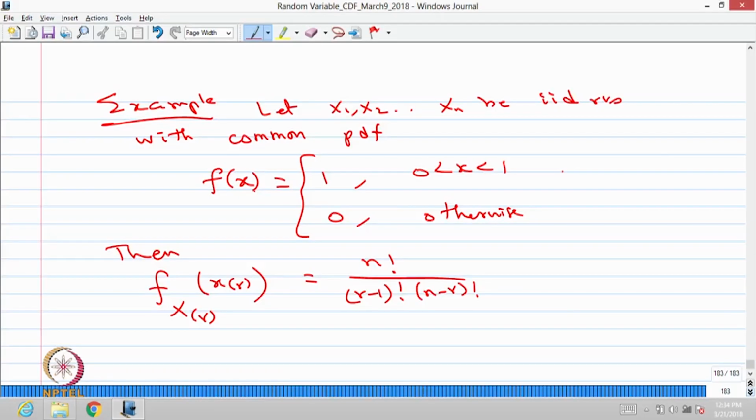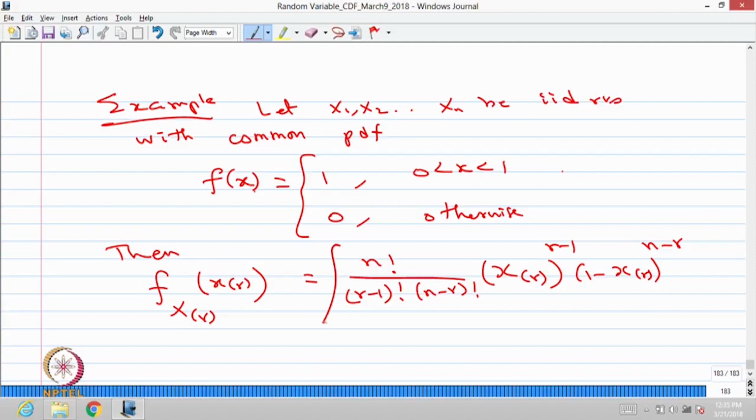You substitute the CDF, x suffix within bracket r, to the power r minus 1, and 1 minus the CDF, that is 1 minus x suffix r, to the power n minus r, multiplied by the probability density function, that is 1.